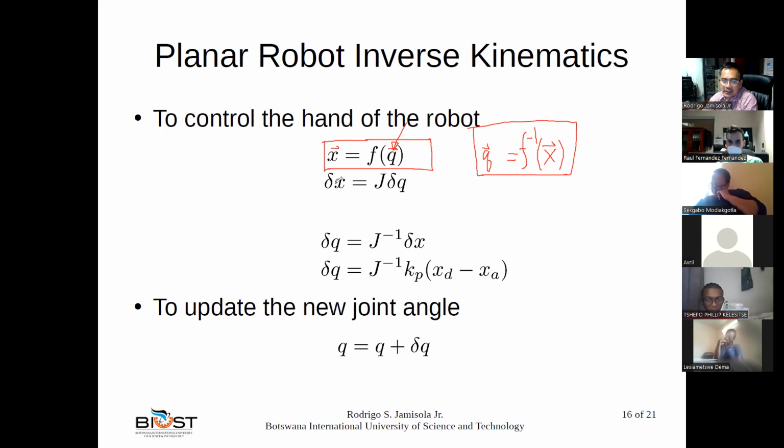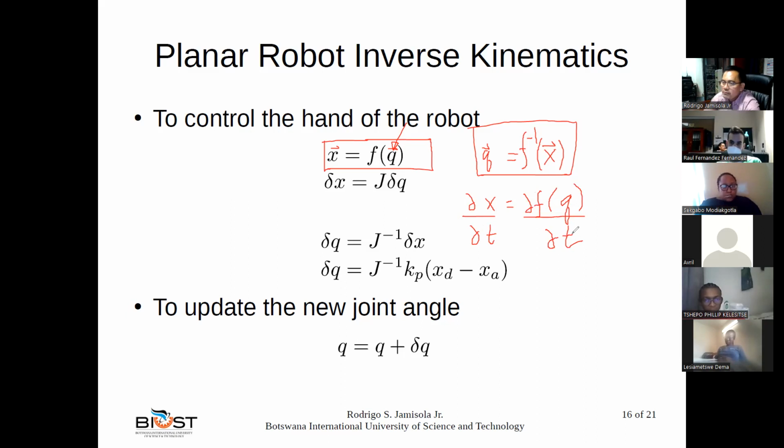You take the forward kinematics, x equals f of q, and take the derivative with respect to time: partial of x with respect to partial of t equals partial of f with respect to partial of t. Everything is dependent on time.